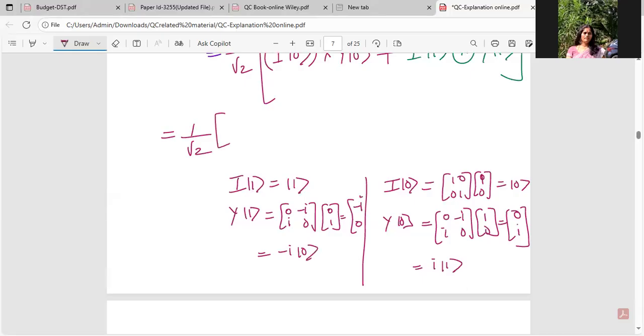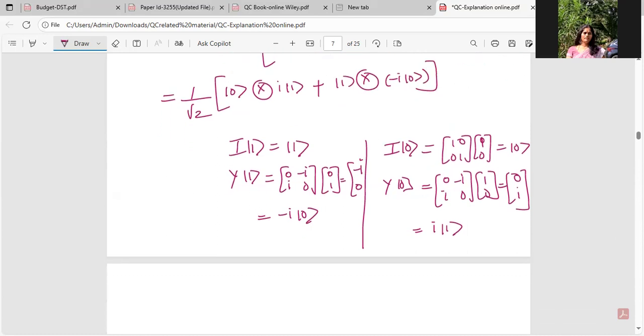So what I have is, of course, I can write the vector or I can write this notation. First I'll go with the notation, then come to the vectors, because the tensor product resultant I have to write now. Ket 0 tensor product of i ket 1, plus ket 1 tensor product of minus i ket 0.